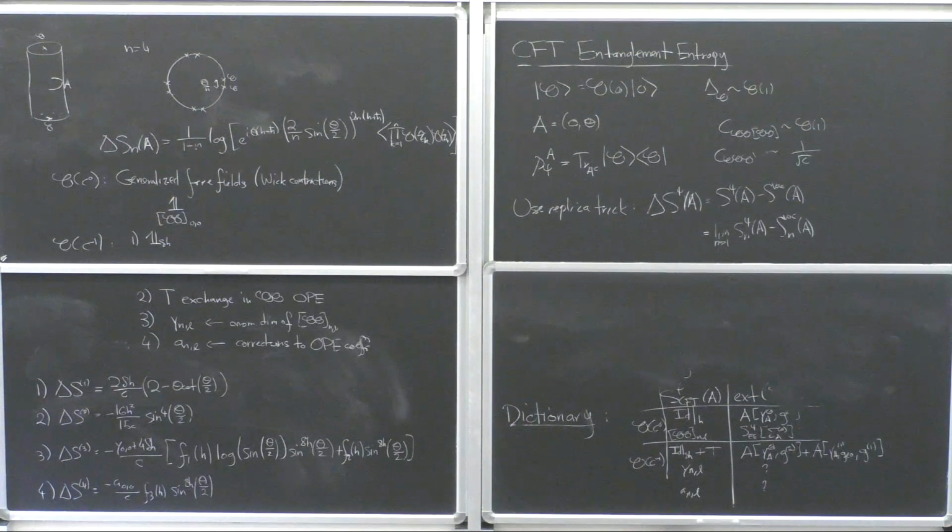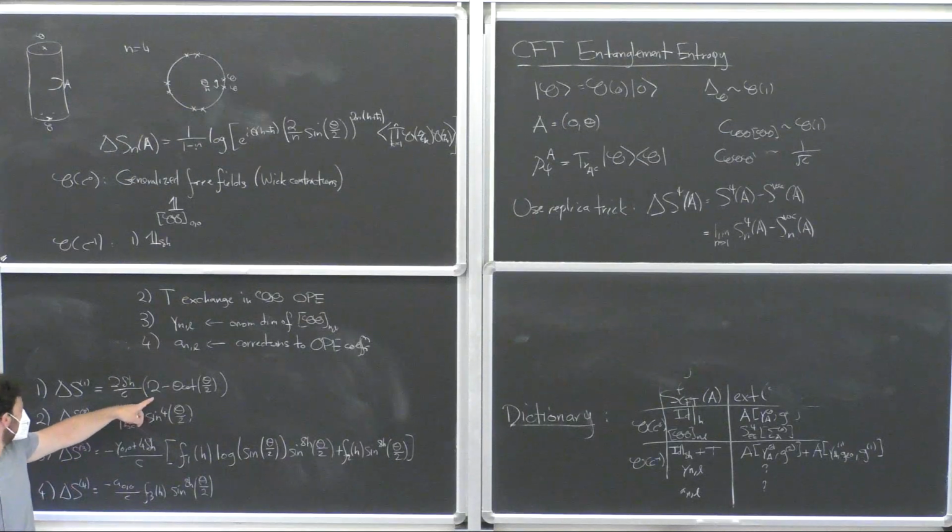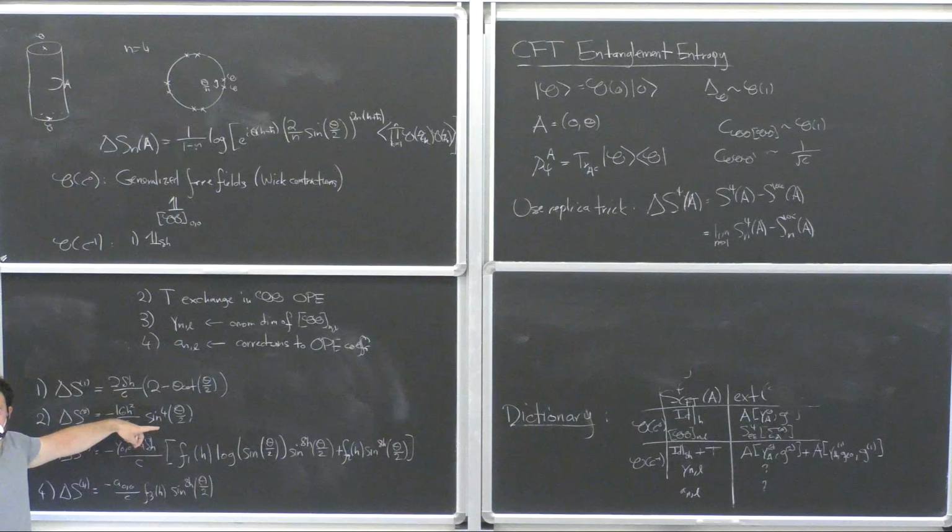At small theta, delta S1 is some order 1 number. It has a finite limit as you go to theta equals 0. I think this is order theta squared, and this is order theta. Fourth? Okay. So let's say that 1 is order theta squared and 2 is order theta to the 4th.